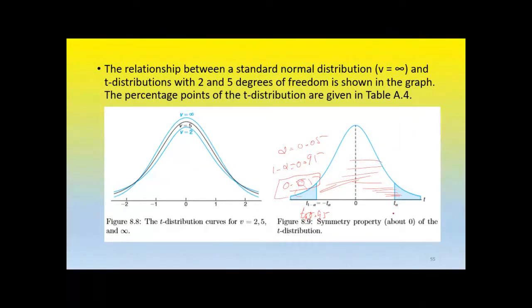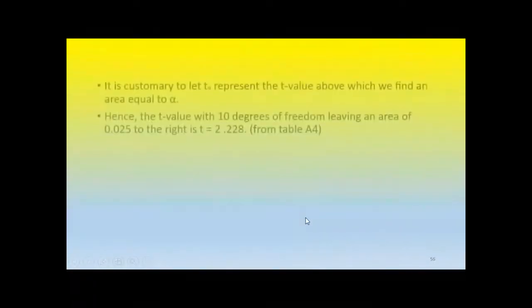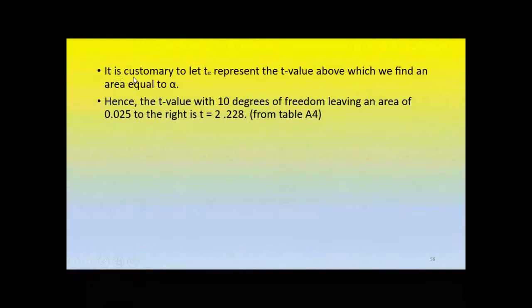For T alpha, if I write T 0.05, it means the area on the right side of T is 0.05. The T value can be found from the table. It is customary to let T alpha represent the T value above which we find an area equal to alpha.